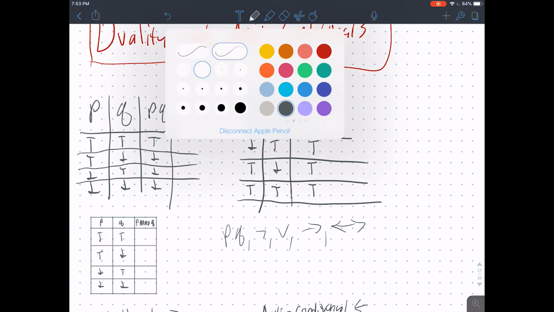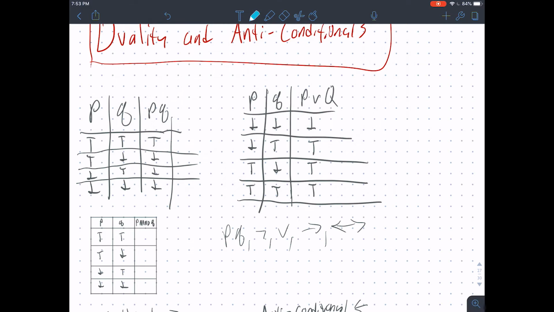So if you were really paying attention to what was going on when we were converting to conjunctive normal form, we actually don't need all of these because we can rewrite conditionals and biconditionals using just conjunction, negation, and alternation. Conditionals and biconditionals are kind of superfluous. We could get rid of them if we wanted to. Our logic would be a lot harder to read and a lot harder to translate into, but it would work.